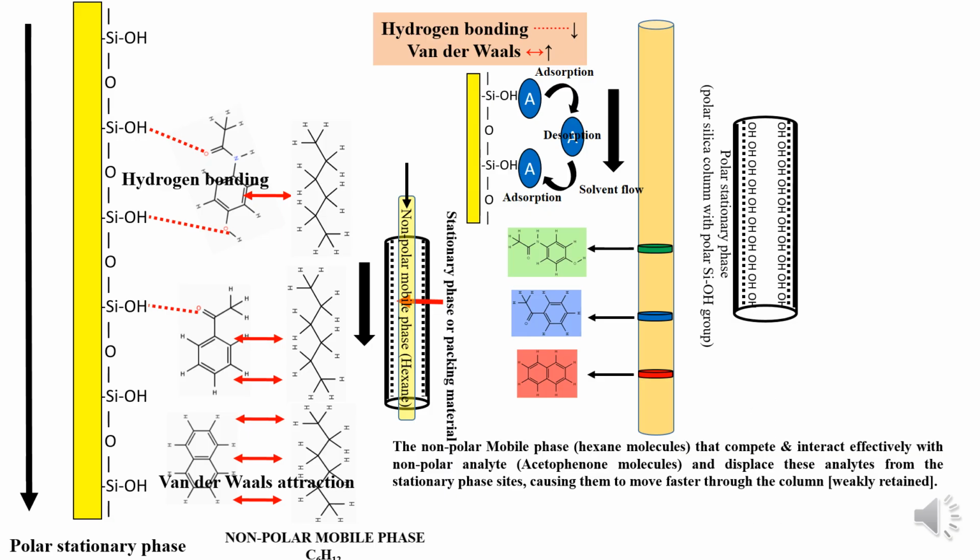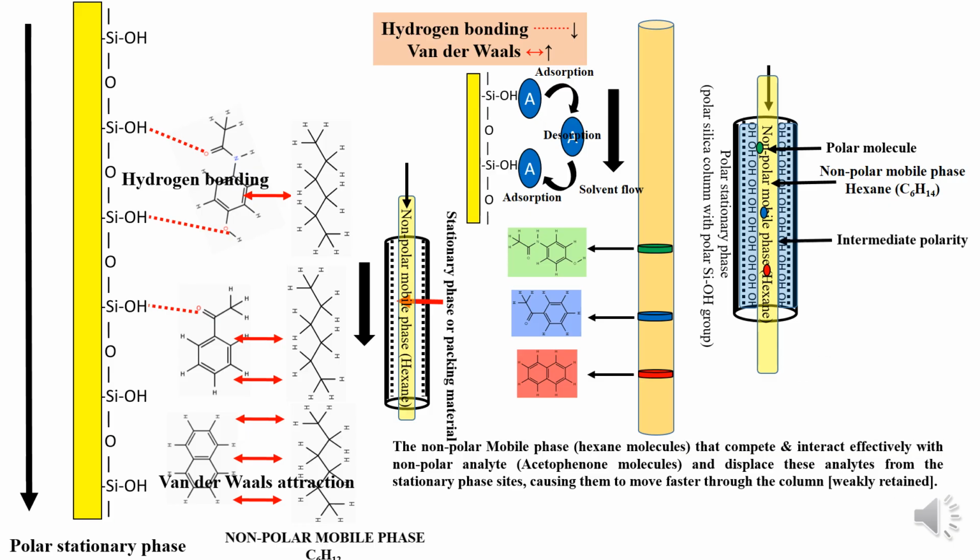So in the polar stationary phase, you find the polar silanol groups that are tightly packed into the column through which the non-polar mobile phase flows. Now the components travel at varying speeds depending on their relative affinity toward the stationary phase.